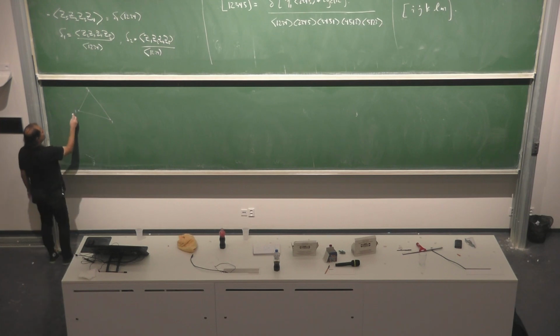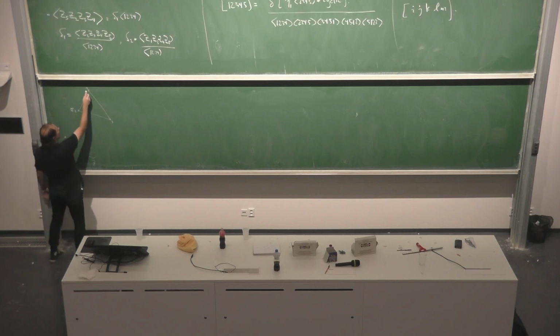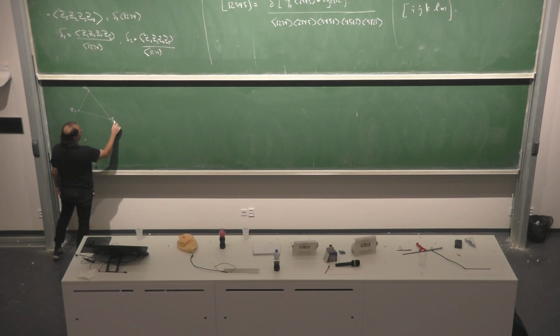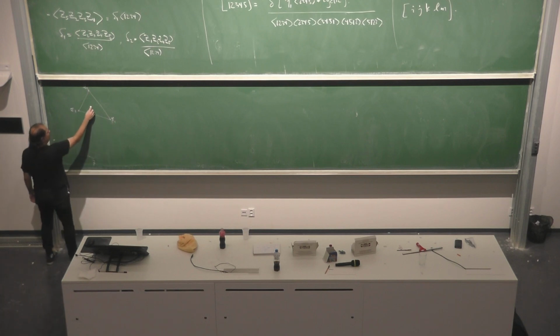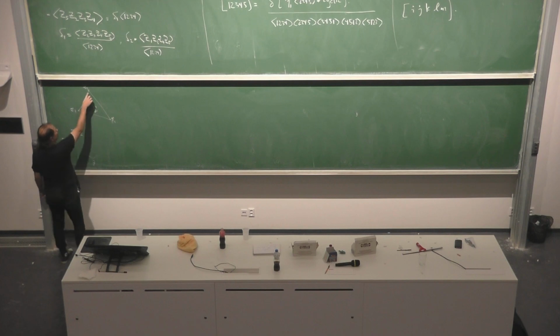So like literally, let's say this has some coordinate, I don't know, little z1, little z2, little z3. And so any point inside here, let me call it y, any y looks like a positive weighted combination of the external points.